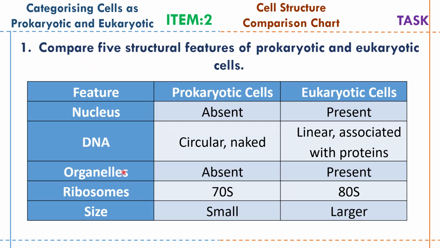Organelles, prokaryotic absent, eukaryotic present. Ribosomes, prokaryotic 70S, eukaryotic 80S. Size: small in prokaryotic, larger in eukaryotic.